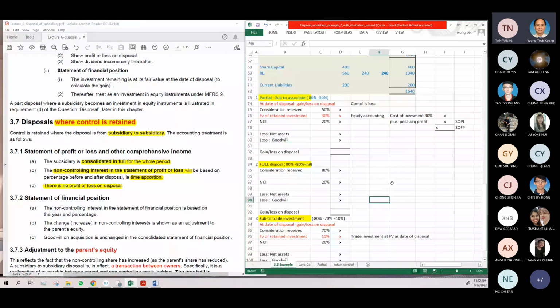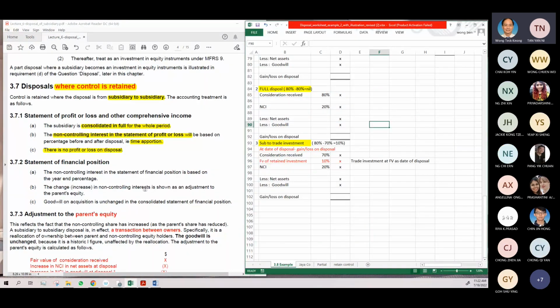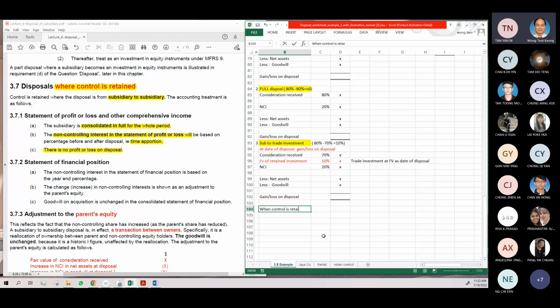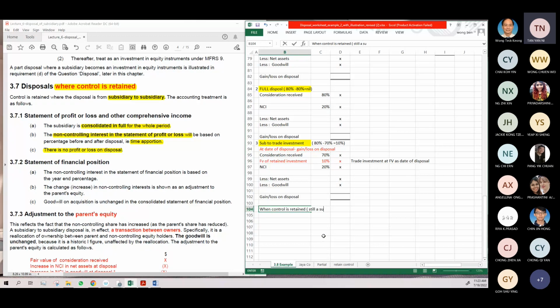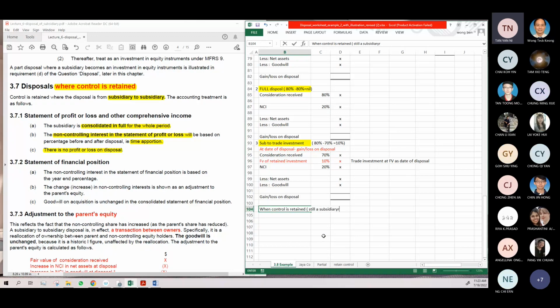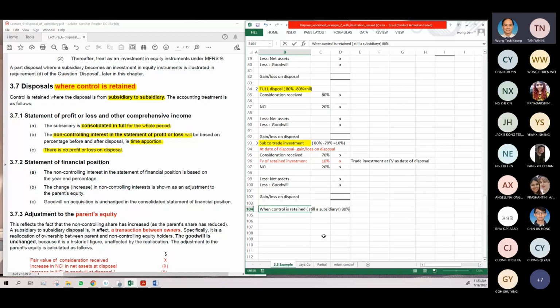Okay, so now control retained, easier, similar to what we learned in step acquisition. So when control is retained, I mean still a subsidiary. So this can normally be an 80% subsidiary, you minus 20%, so it becomes a 60% subsidiary.